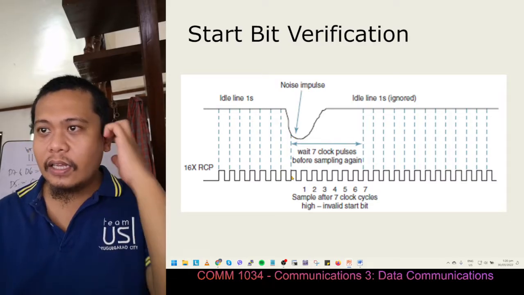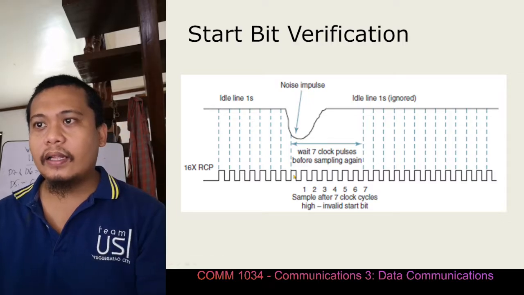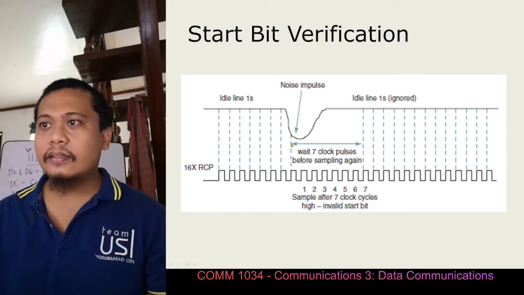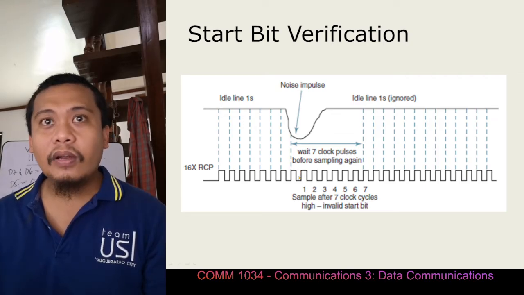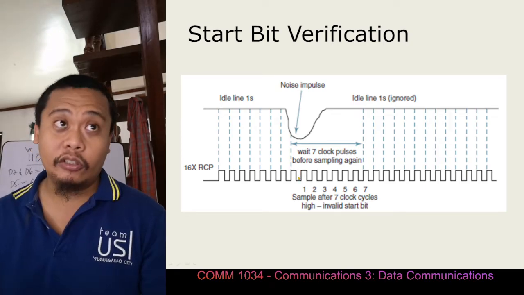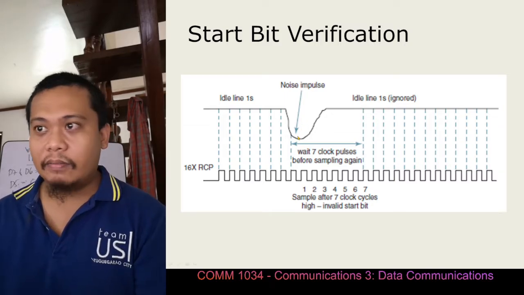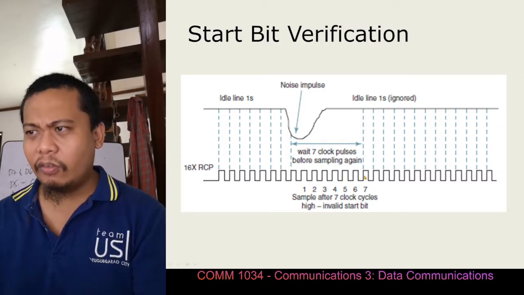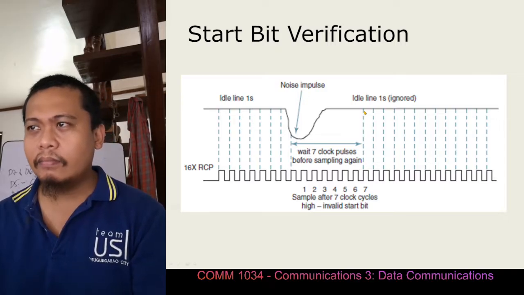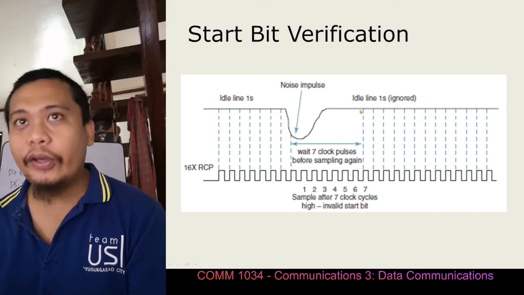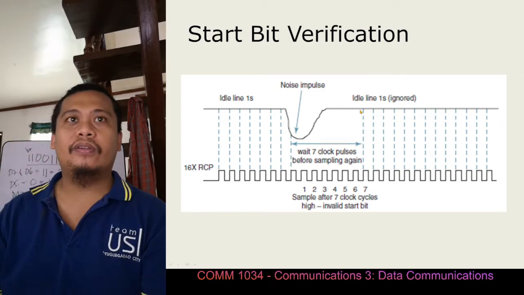Pagkadating dito, yung leading edge nung pulse na to, ang na-detect niya class is low. Okay, pero wait lang. Kailangan ko munang maglaan ng 7 pulses na additional bago ko interpret to as valid start bit. So, bilang siya ng 7. Nung nasa 7 siya, niresample niya. Bumalik sa 1. Ibig sabihin, noise lang yun. Okay?